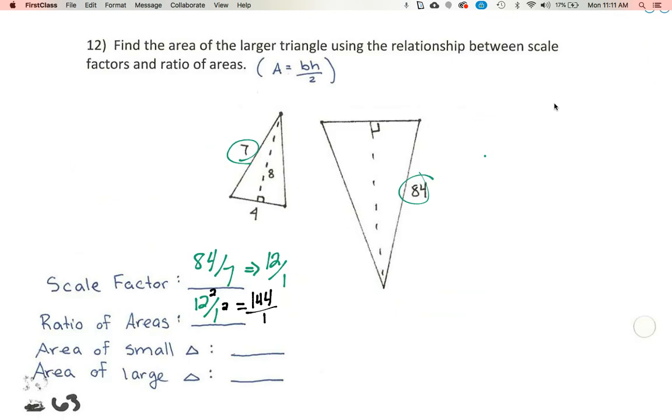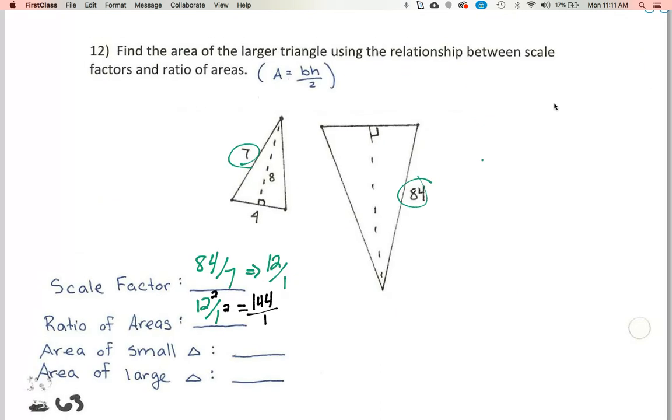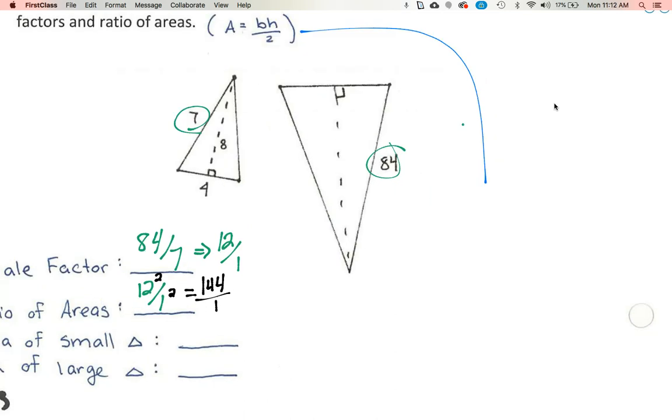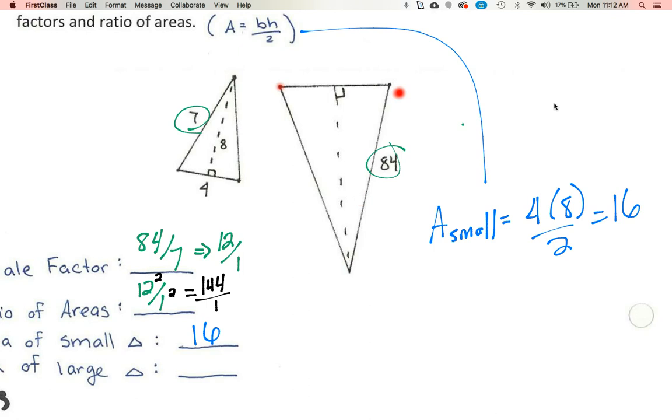The area of the small triangle equals base times height divided by 2, which is 16. And that means that the area of the big triangle is 144 times bigger, since each of the sides is 12 times bigger.